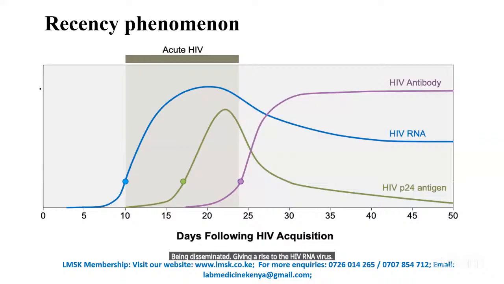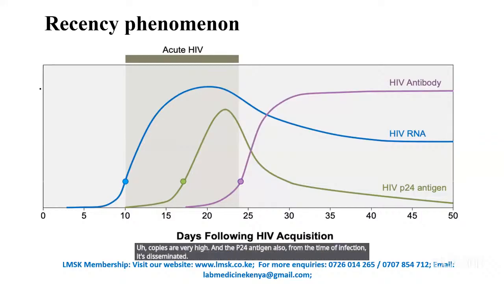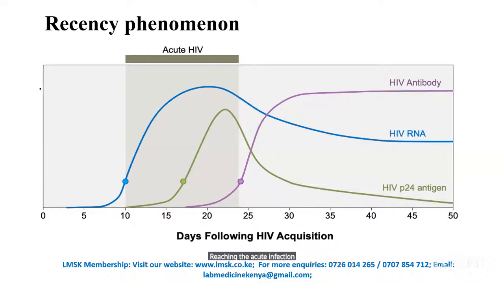At that acute HIV peak, the RNA copies are very high. And the P24 antigen also, from the time of infection, is disseminated. Reaching the acute infection, the peak becomes higher.